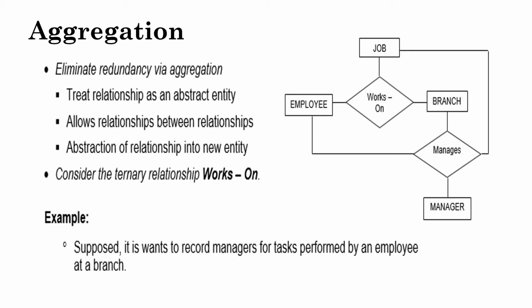Suppose that we want to record the managers for a task performed by an employee at a branch. We have the employee entity, the job entity, and the branch entity, with a ternary relationship among employee, job, and branch called works on. Then the branch has the relationship manages to manager.